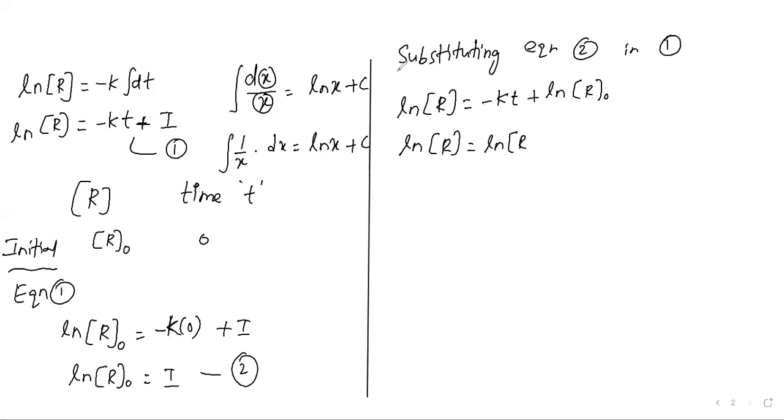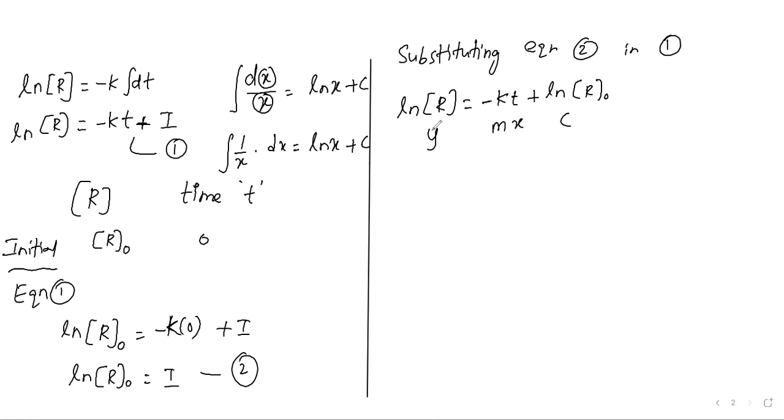Let it be like that only: ln of R equals minus kt plus ln of R0. For this, if you draw the graph, let us compare this with y equals mx plus c. Take this as y, this as m, x, and this one as c.